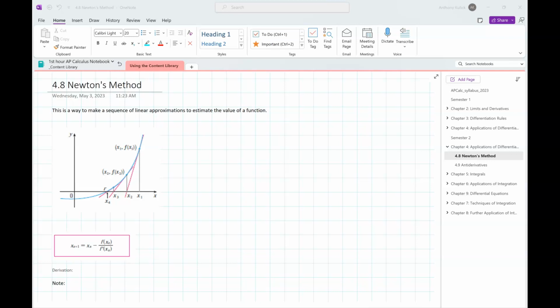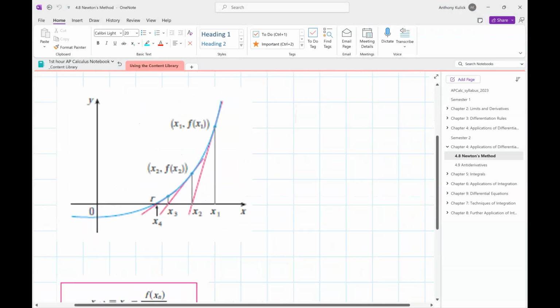There's no good tool to use to do this, right? So what we're looking at here with Newton's method is just a way to make a sequence of linear approximations to estimate the value of a function. Most often the value of the function we're looking for is 0, right? It's essentially a method to solve an equation.